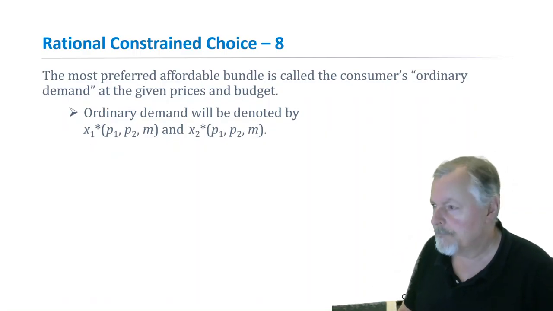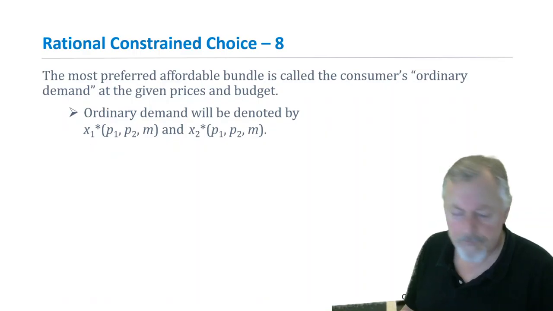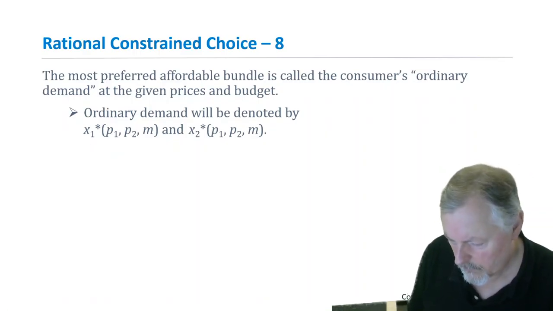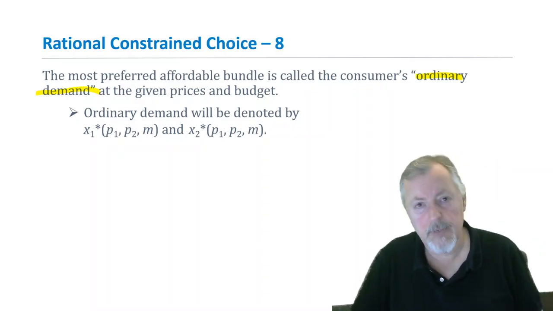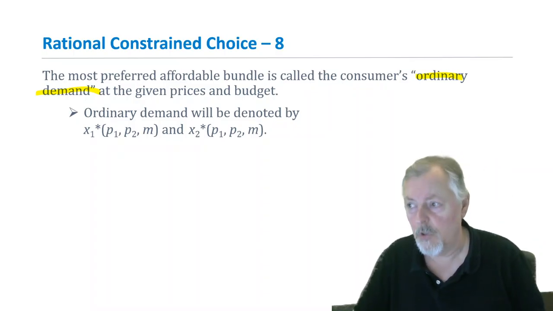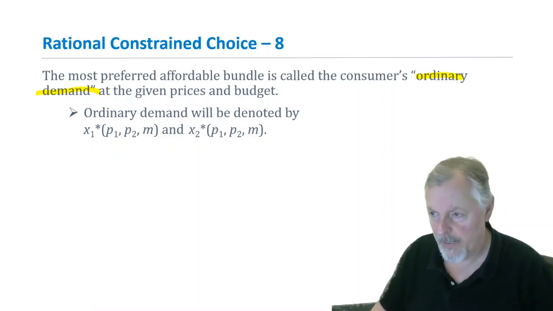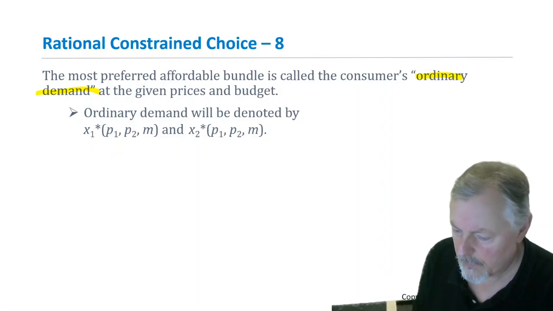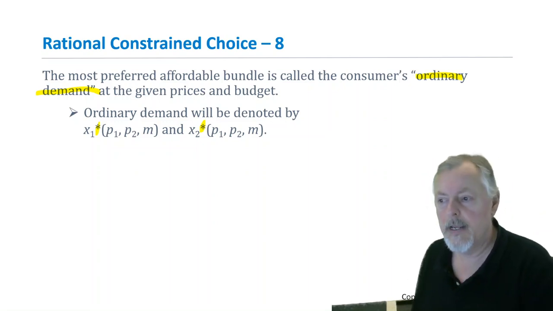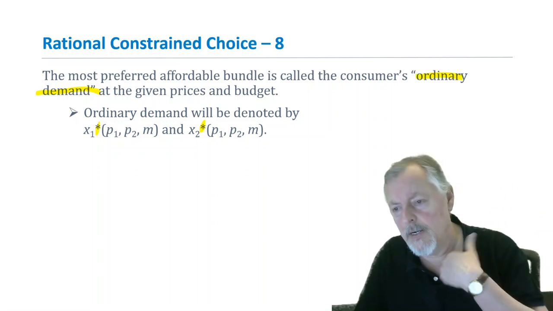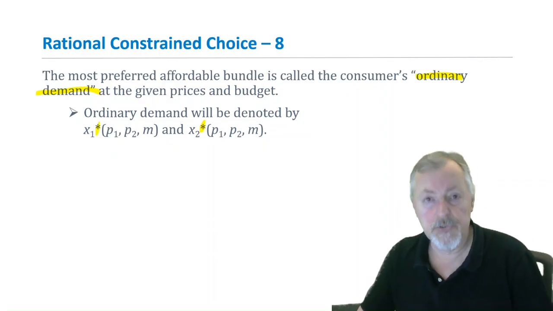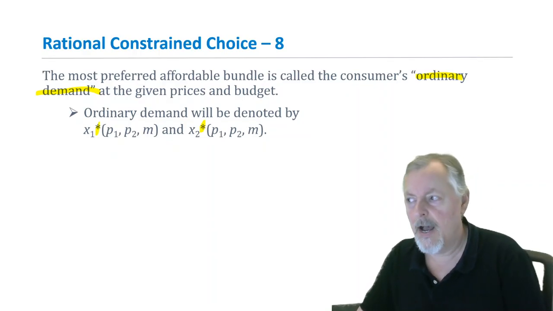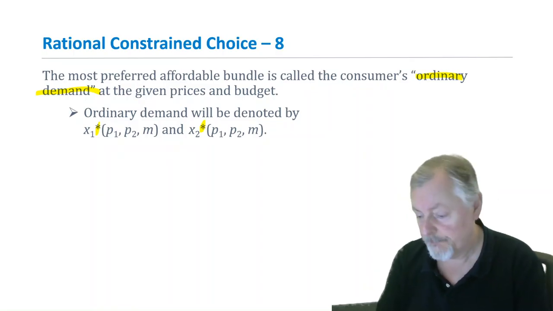So, the most preferred bundle that's affordable is called ordinary demand. And it will be denoted by X1 star and X2 star. The star in this case means the optimal choice quantity of X1 and the optimal choice quantity of X2.